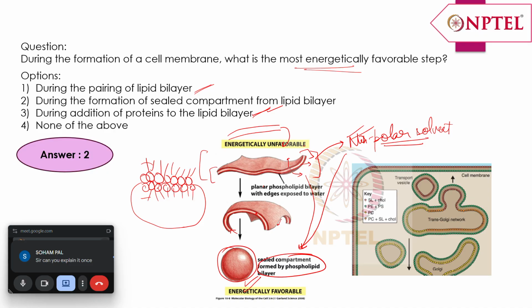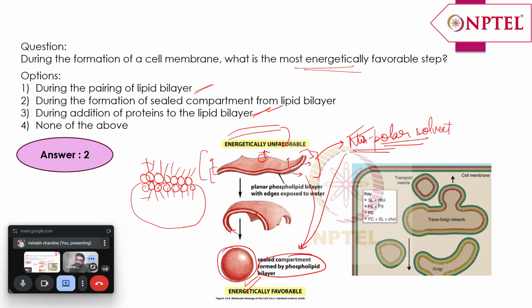So likewise, if we add water to this particular scenario, the hydrophilic heads interact with water and form a sealed compartment so that the hydrophobic region is covered. If there were a non-polar solvent in place of water, then the reverse would happen.